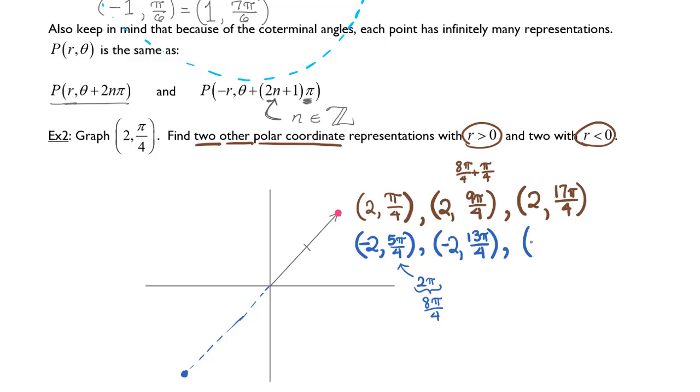And lastly, -2, comma 13 pi over 4 plus 8 pi over 4, adding another 2 pi to this, will give me 21 pi over 4.